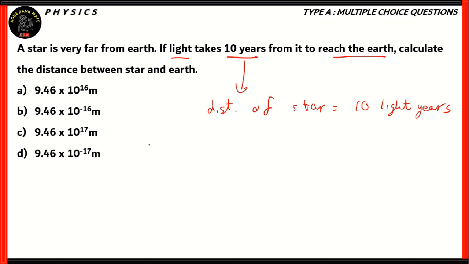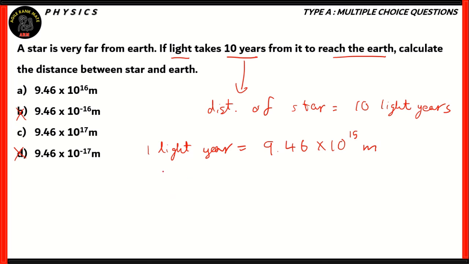So 1 light year is the distance light travels in a year, which when calculated equates to around 9.46 into 10 raised to the power of 15 meters. Now, as you can see, the exponent is positive. This means that options B and D are incorrect.